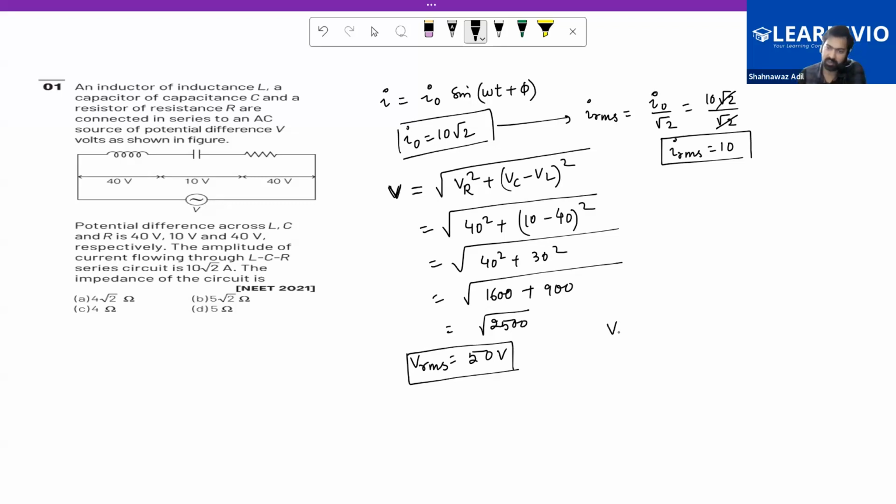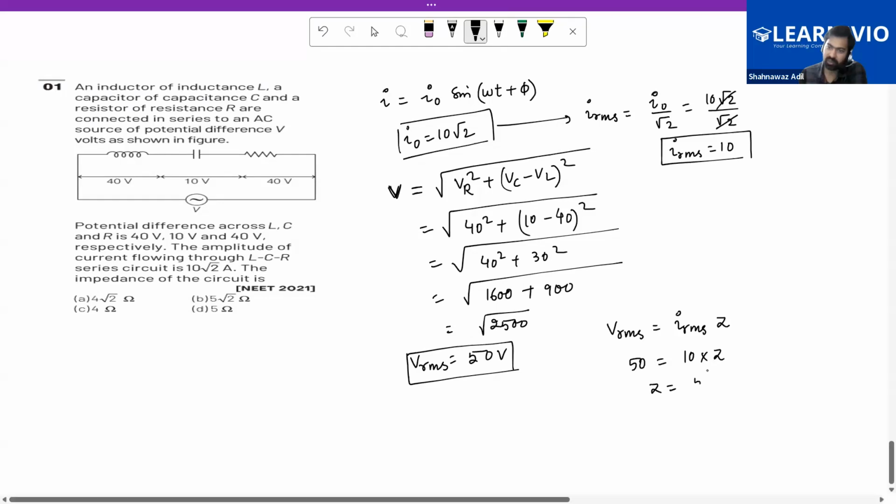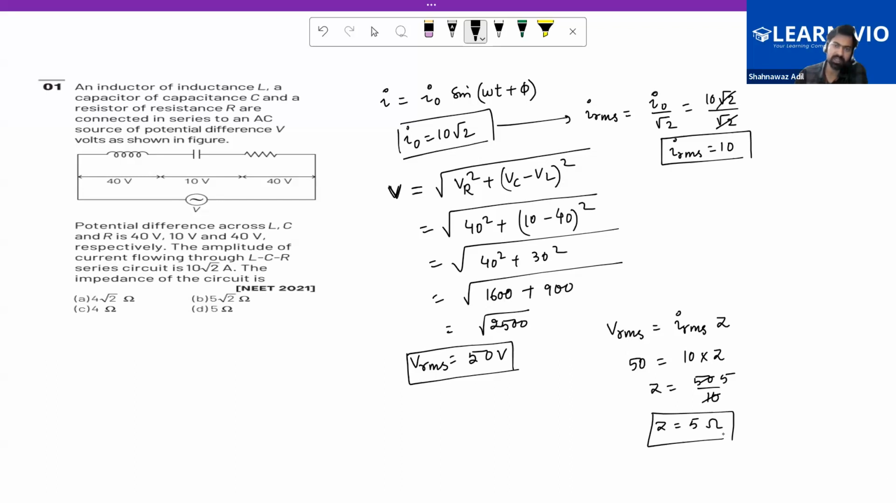VRMS is IRMS into Z. So VRMS is 50, IRMS is 10, and then Z is 50 by 10, which is 5. So Z is 5. This is the value that we will get, right? Is it clear, guys? So this would be the answer. Is it clear, guys?